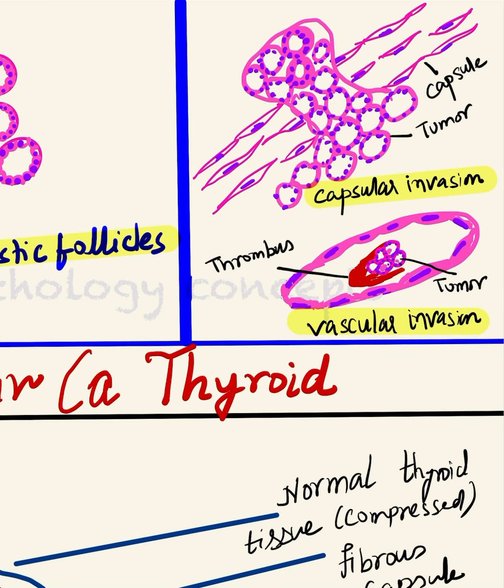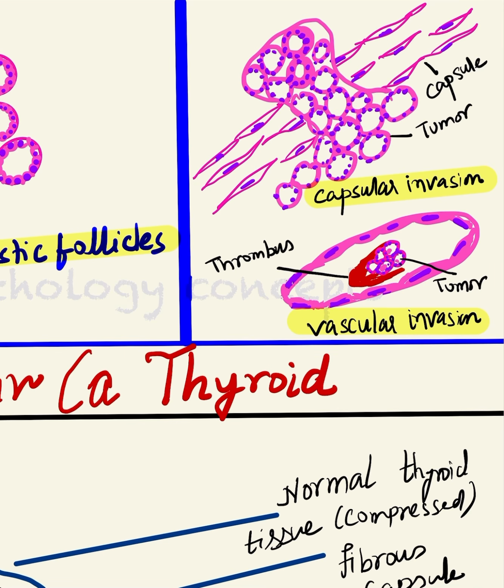So how do you draw capsular invasion? There has to be a capsule. Capsule is made up of fibrous tissue. Fibroblasts are spindle shaped cells with pointed ends having an elongated spindle shaped nucleus. So we make this fibrous capsule. Then we make the tumor made up of microfollicles or macrofollicles or normofollicles, but I have drawn microfollicles.